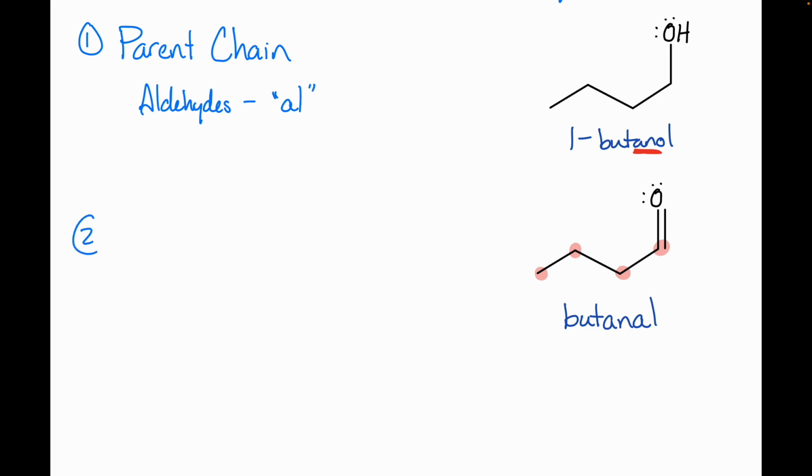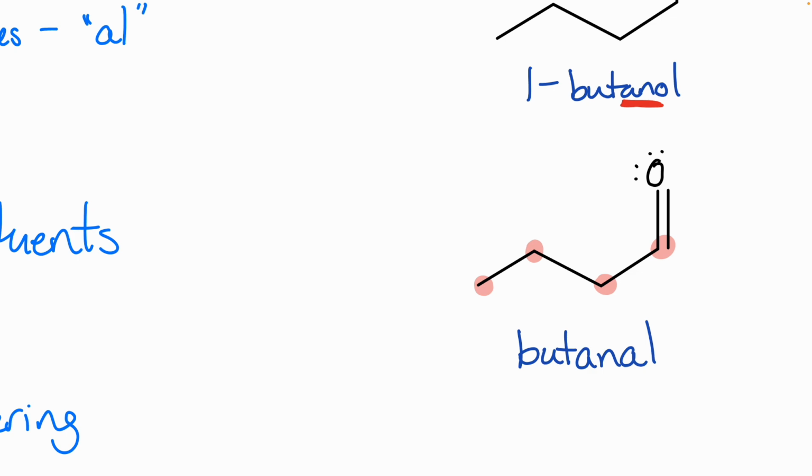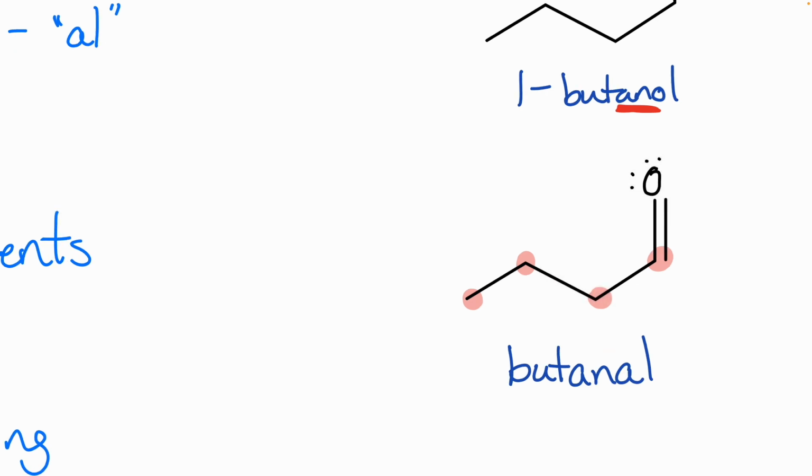All right, we don't have anything different about our substituents. But what about numbering our parent chain? What do we think we're going to number, from left to right or right to left? I want my functional group here to be on the lowest number.